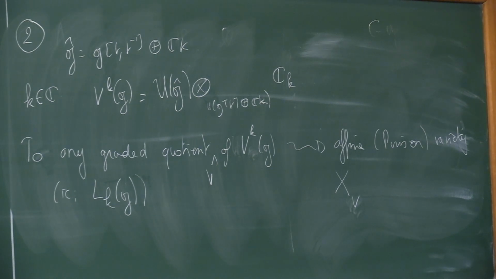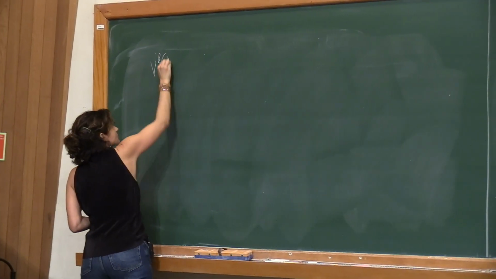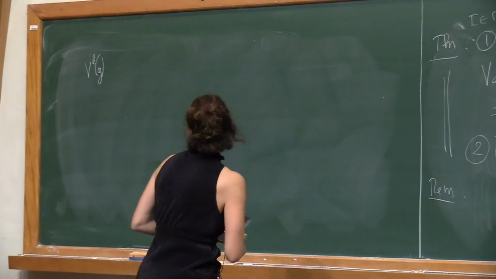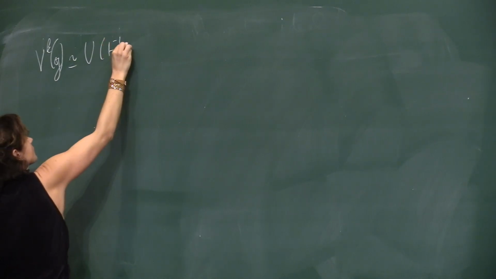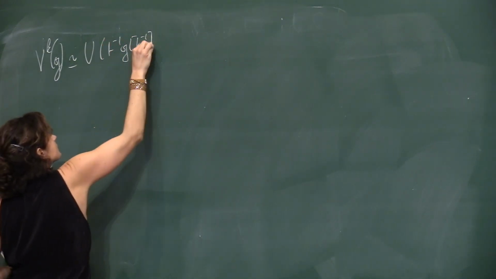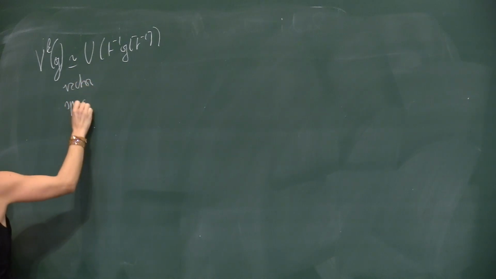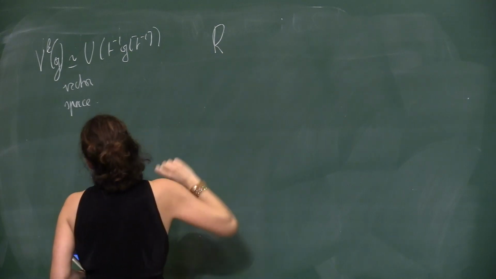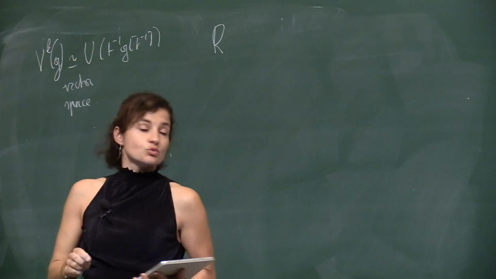All right, so I recall to you that from the PBW theorem, the VKG as vector space is isomorphic to the enveloping algebra of this, as vector space. And now I consider a certain quotient. So maybe here V is as before any graded quotient.